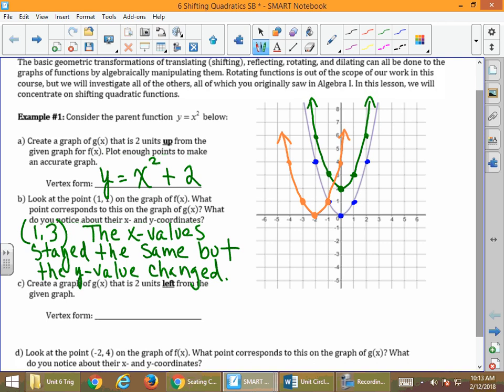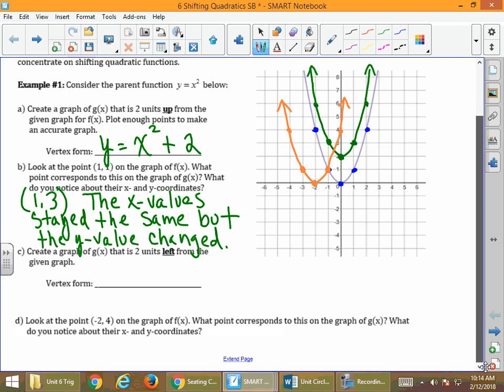So we created that graph that's 2 units left. Again, if you think back to the last class, in terms of an equation, this would look like y equals (x plus 2) squared.